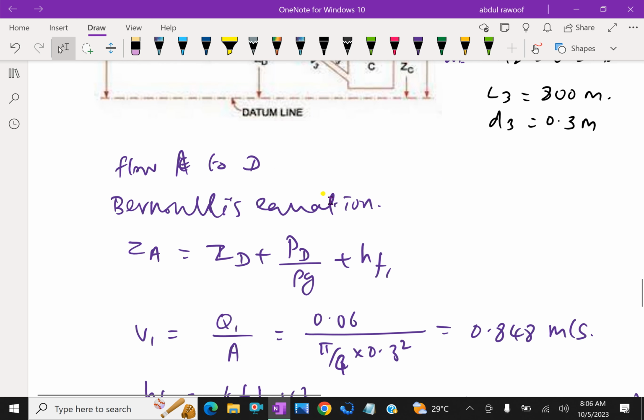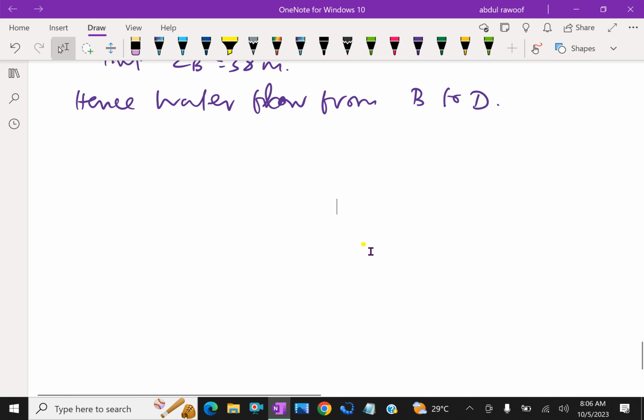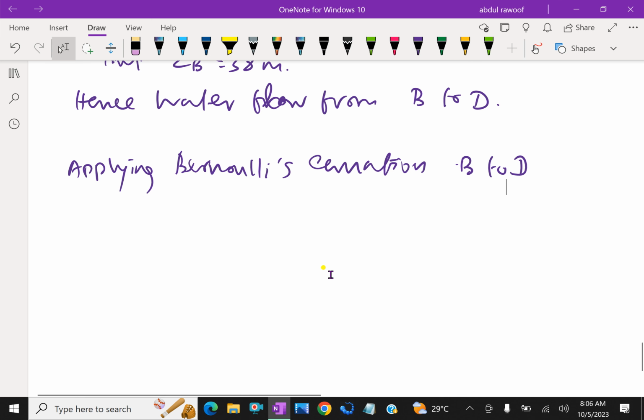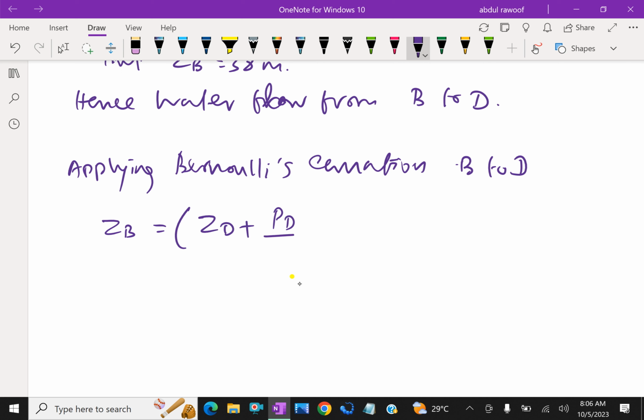Applying Bernoulli's equation from B to D. ZB, the datum head, equals ZD plus PD over rho g plus HF2, the losses.